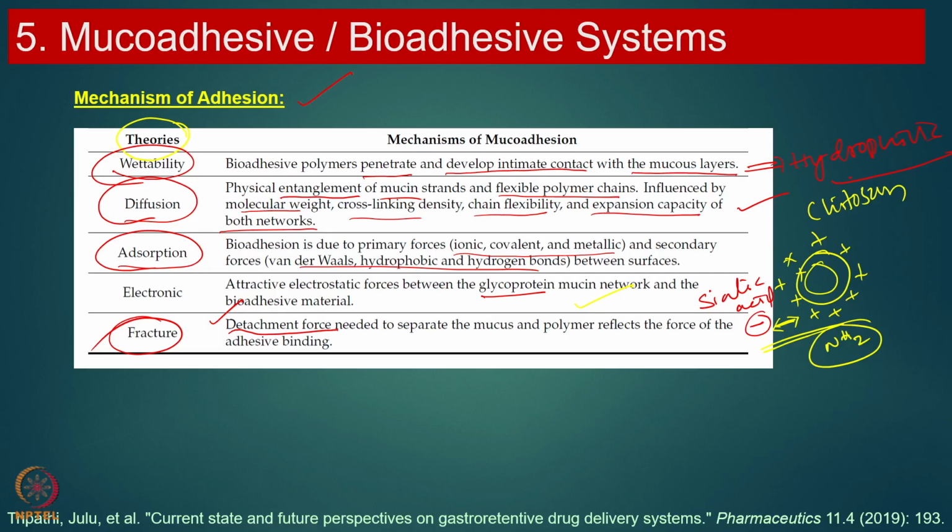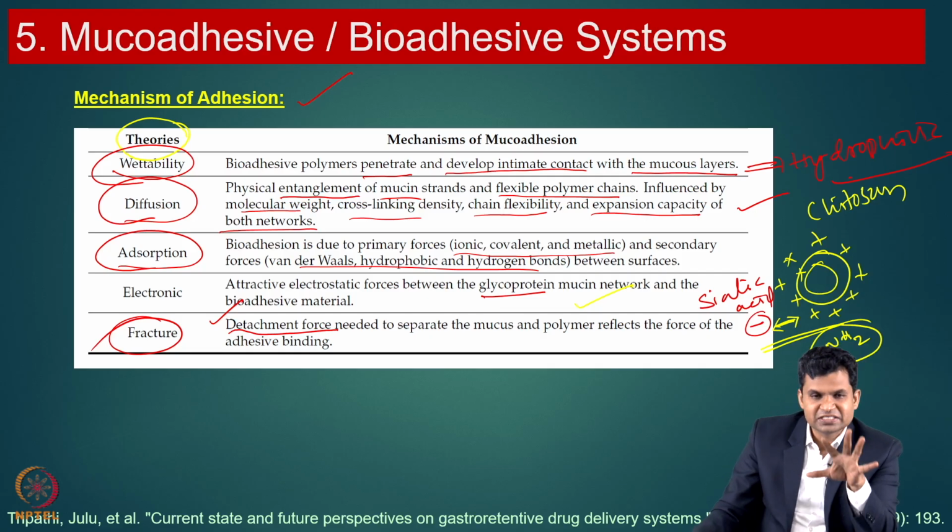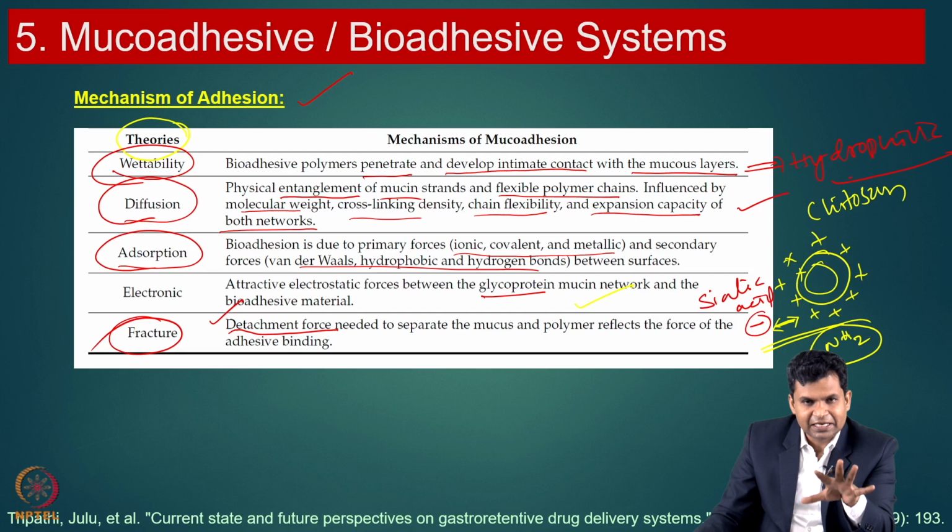So, that is also another mechanism. Total 5 mechanisms: wettability mechanism, diffusion, adsorption, electrostatic, and the fracture mechanism. These 5 mechanisms will help in various types of mucoadhesive gastroretentive drug delivery systems.